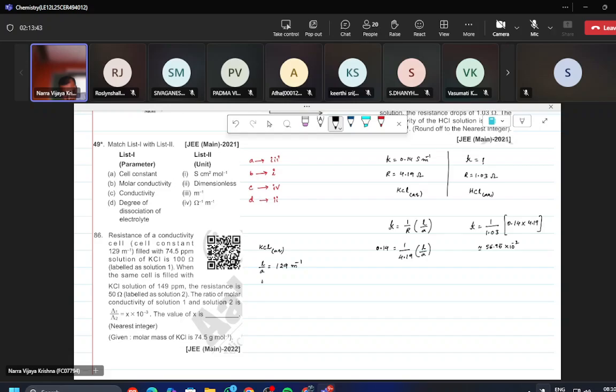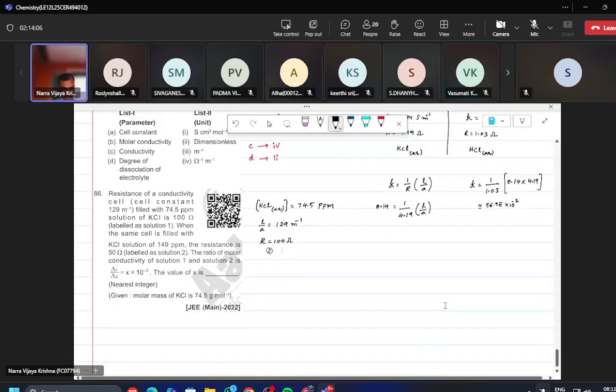Cell constant, and the concentration of this aqueous solution is 74.5 ppm. Correct? And resistance R equal to 100 ohm.